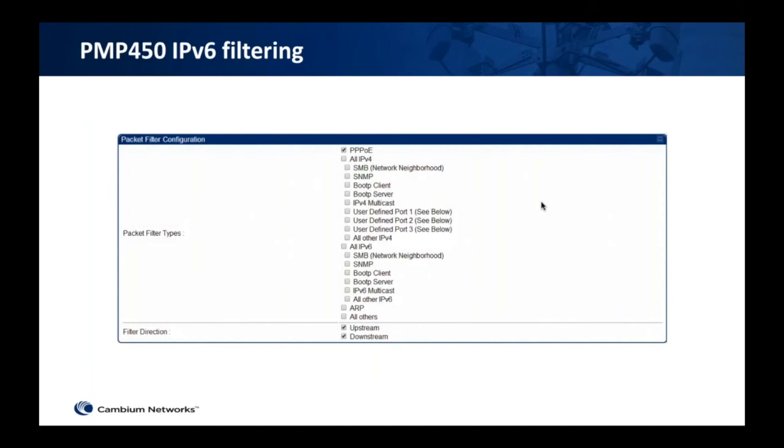And this one is an example of the packet filter you can create for IPv6. There are multiple options, like all IPv6, or you can filter SNMP or DHCP bootp client server packets or IPv6 multicast.